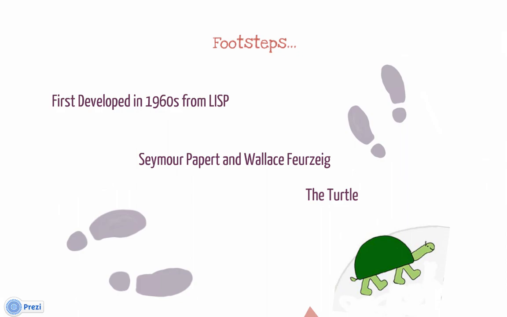The turtle is a robot that is given commands and that moves according to these commands. But the turtle, instead of being a robot, evolved to become graphical on the screen, which was used to draw shapes and designs.